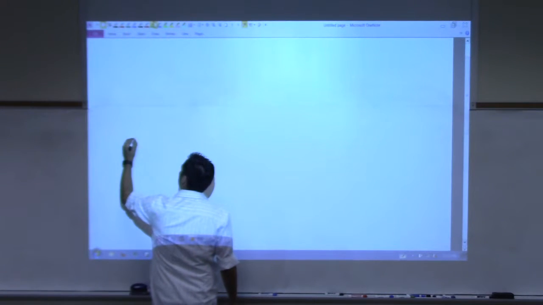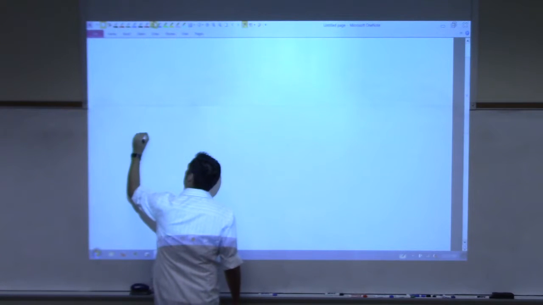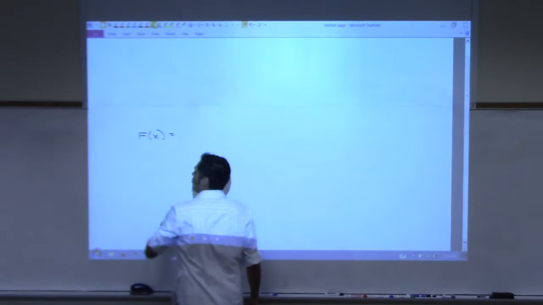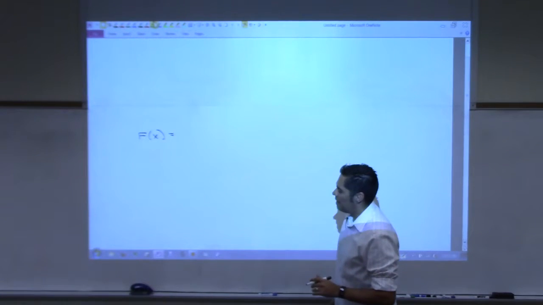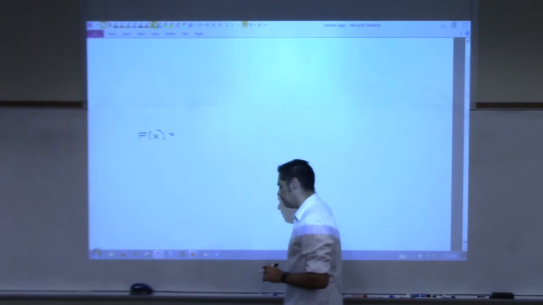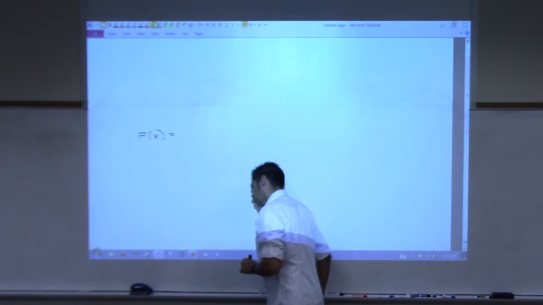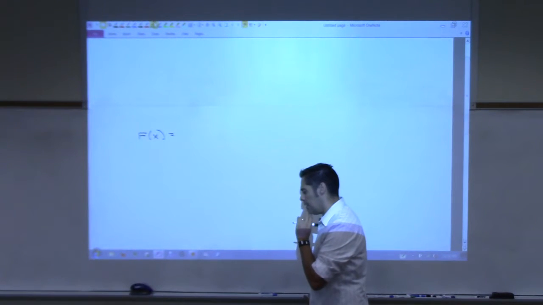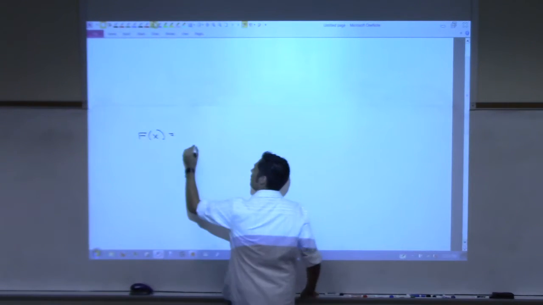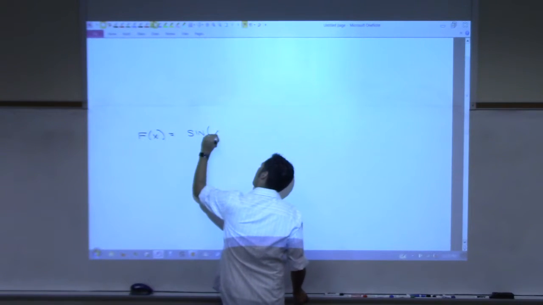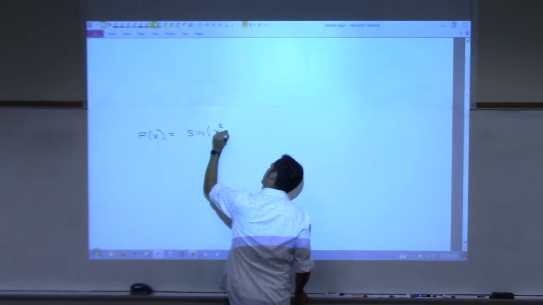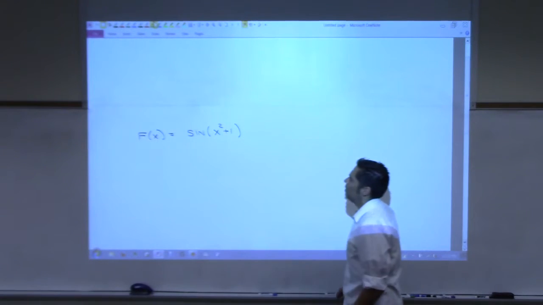Let's start with this. Let me give you a function real quick. I'm going to give you what the answer is supposed to be. I'm actually going to start by telling you what the answer is. Let's say the answer is sine of x squared plus 1, plus c.